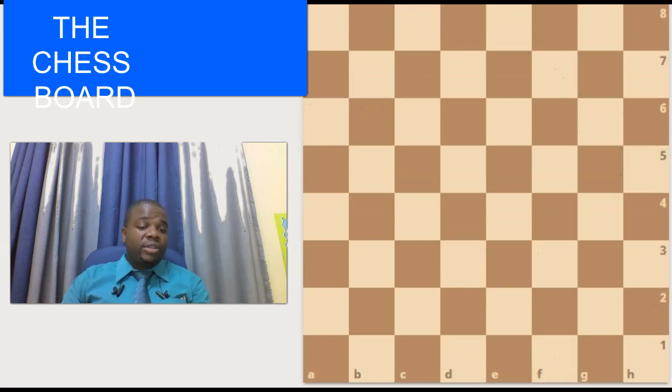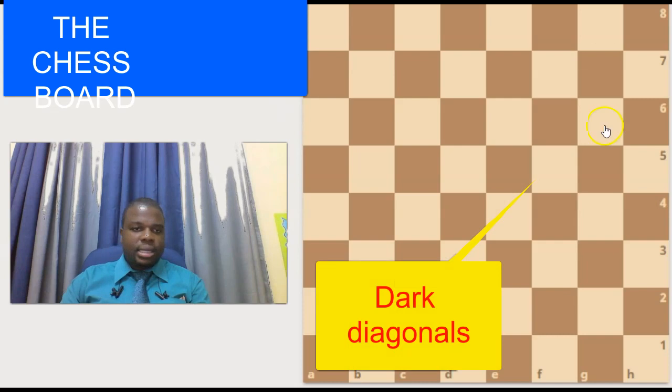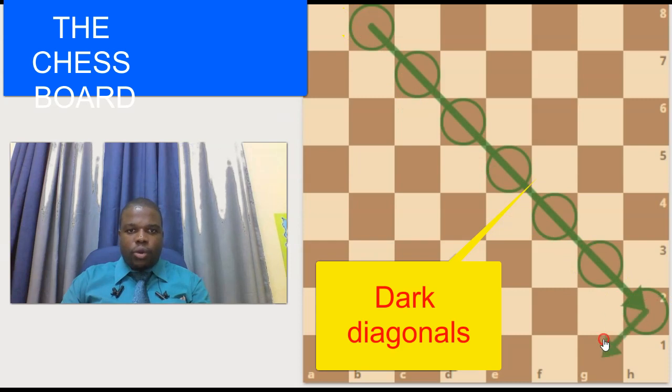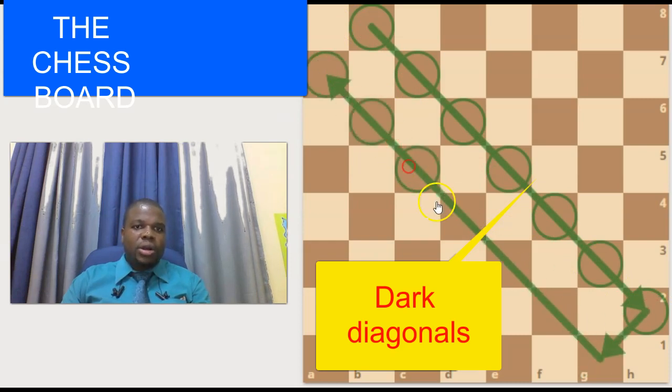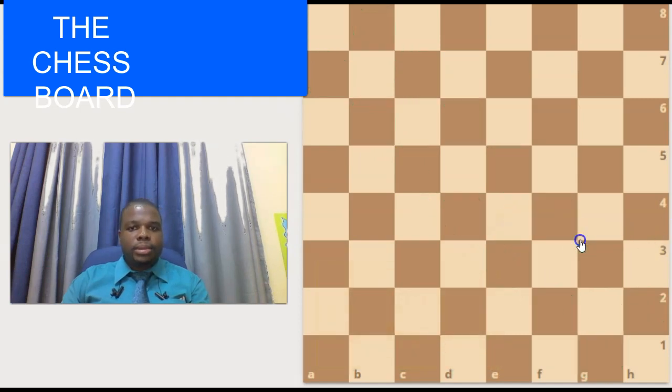Now of course we also have dark diagonals, and as you would imagine, they are squares that are connected of the same color. So this is called a dark diagonal. Again, this one goes to here, then I could go to here, then I could go to here. Doesn't really matter as long as they are of the same color. Alright? That is that.